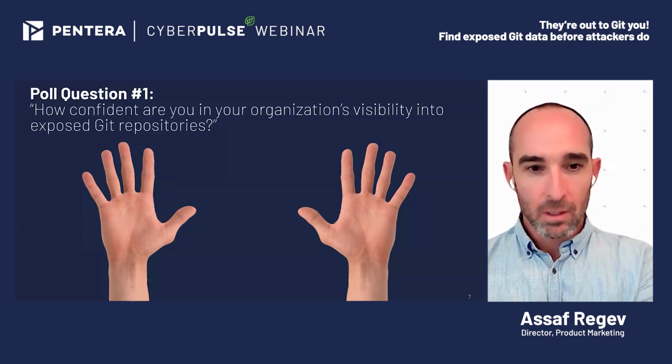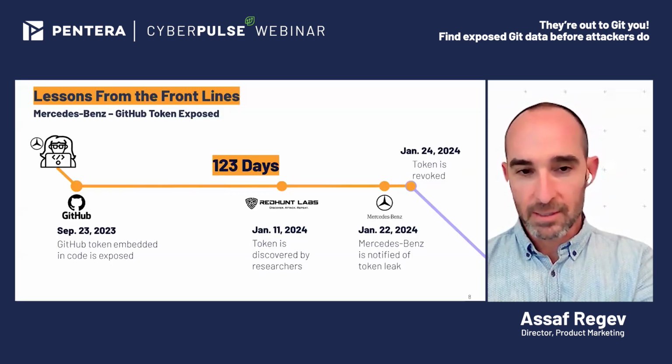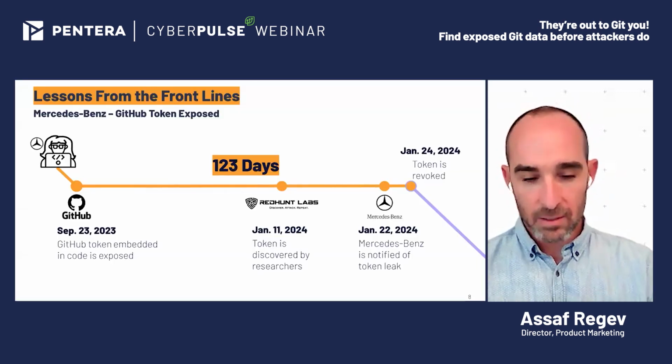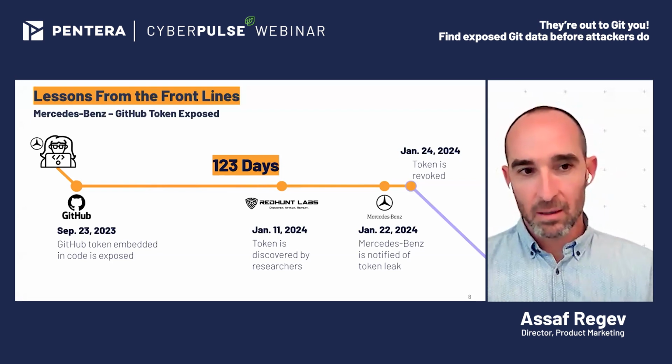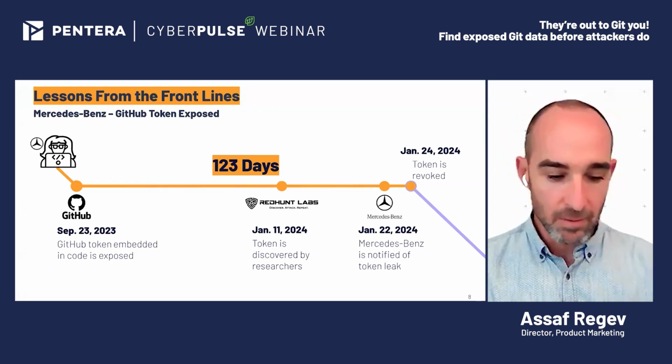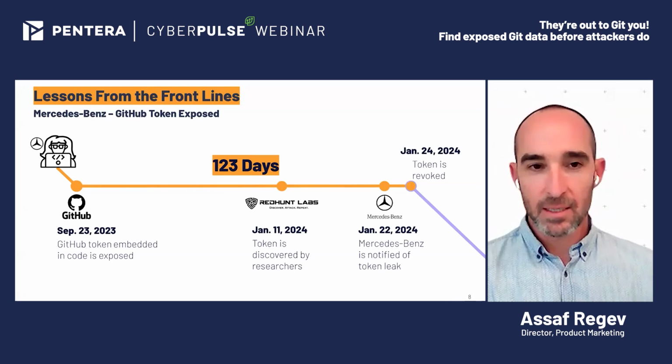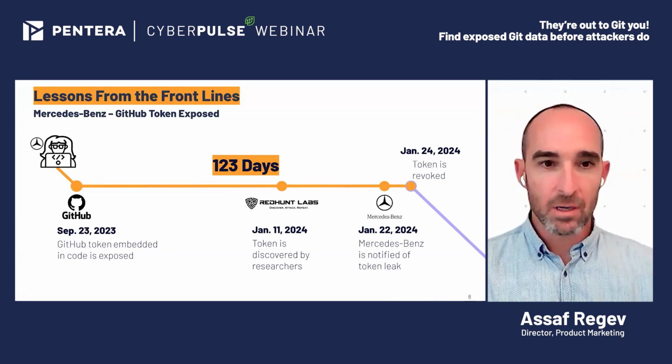Okay, so as I said, let's bring it down to earth with a real-world example. What I want to talk to you about is the Mercedes-Benz GitHub token issue. And this whole thing started about 2.5 years ago.